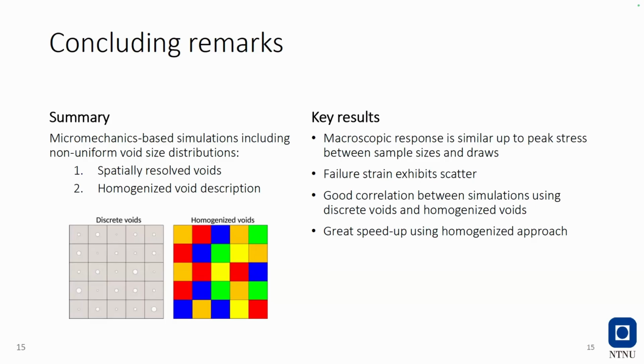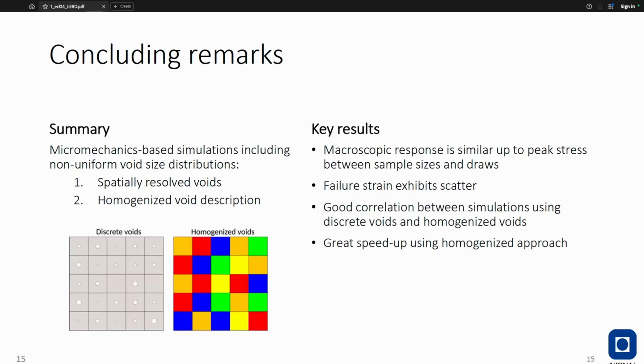So the key results are basically that up to peak stress, you don't see any significant effects of these non-uniform void sizes. So you could basically just use a unit cell to give the same type of results. But for the failure strain, there is a large degree of scatter, which tends to decrease on average with an increasing population of voids.